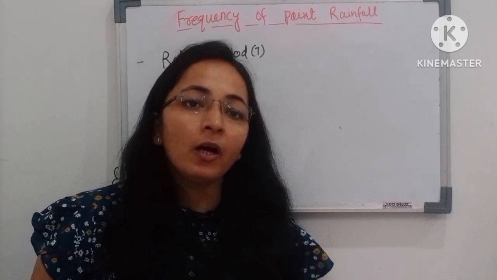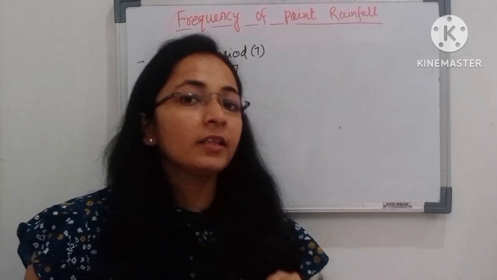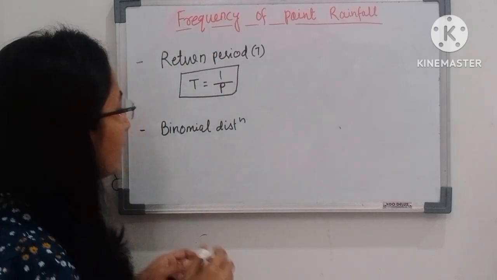So the probability of occurrence of an event R times in n successive years can be calculated by the binomial distribution.